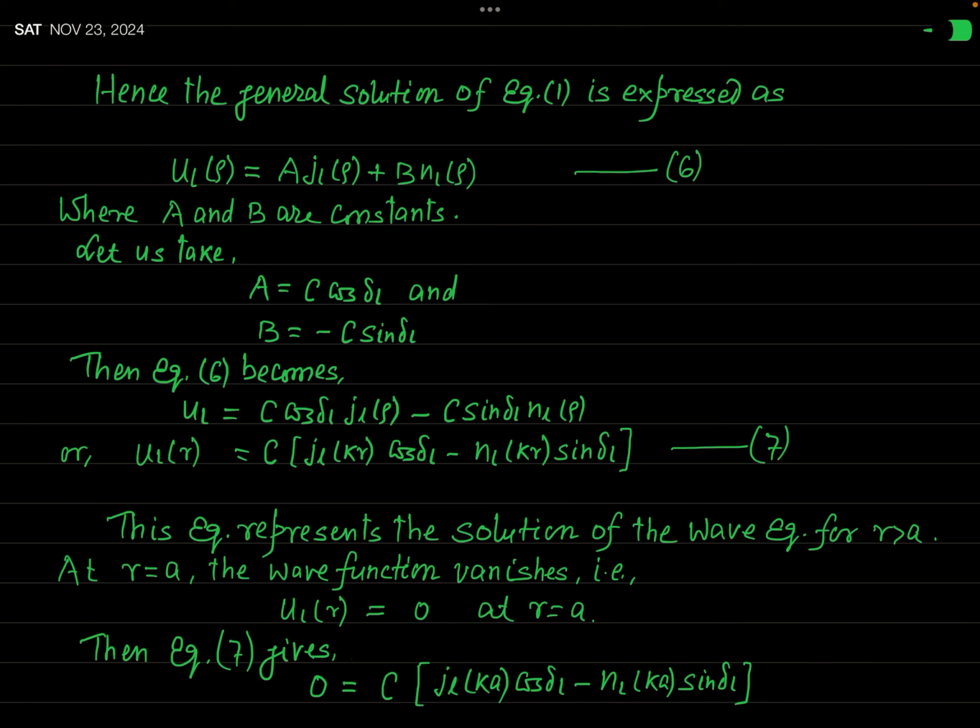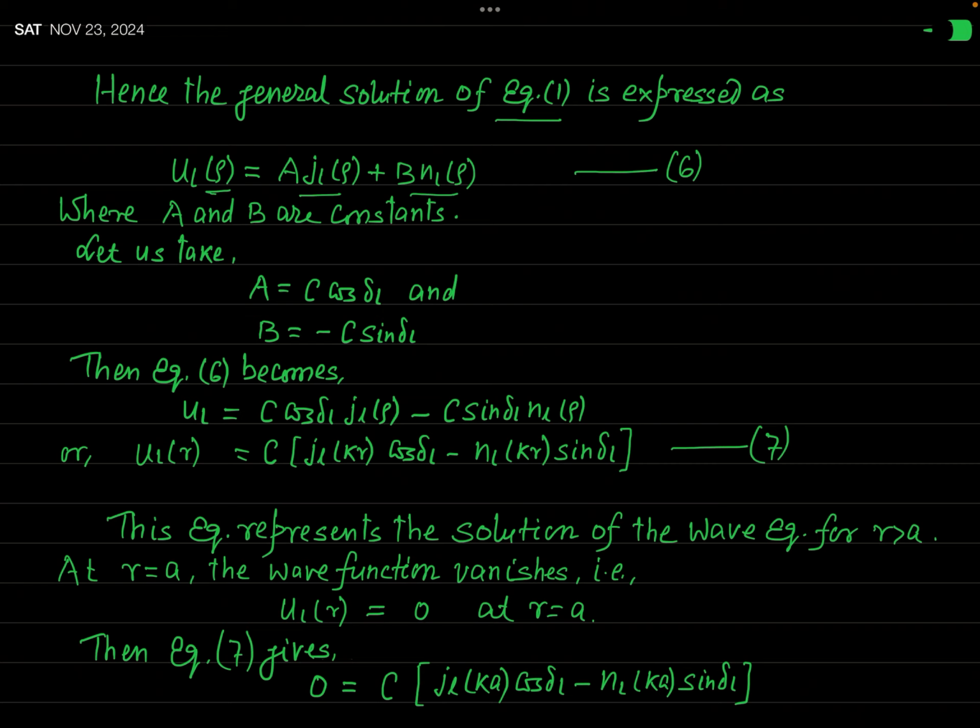So now the general solution of equation 1 can be expressed in this manner: U_L of rho equal to A times j_L of rho plus B times n_L of rho. Actually this A and B are arbitrary constants, or you can say the integration constants, which are evaluated by using the appropriate boundary conditions.